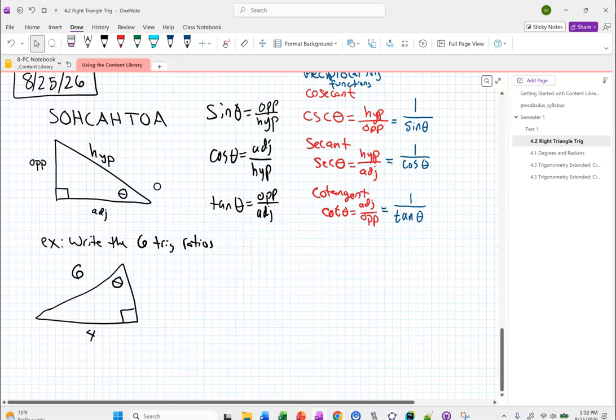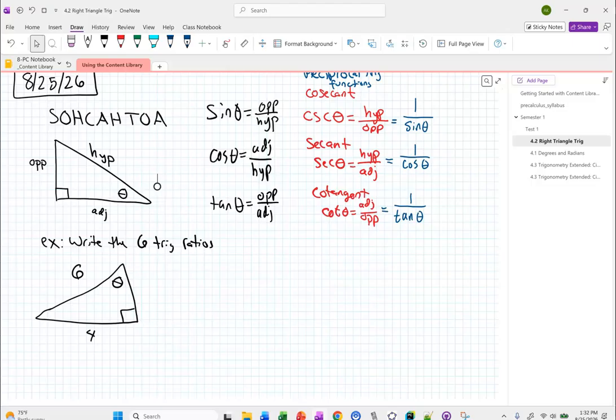So that's asking us to write sine theta equals something over something, cosine theta equals something over something, and so on and so forth, right? So the first thing I'm going to do is identify where the angle is that I'm working with. So my theta that we're using is here.